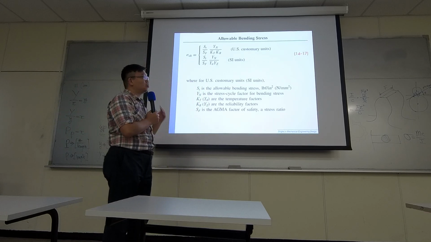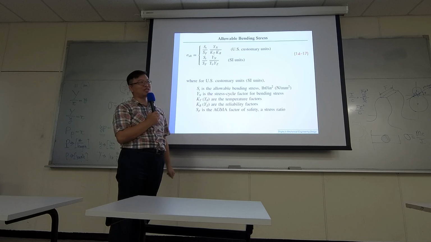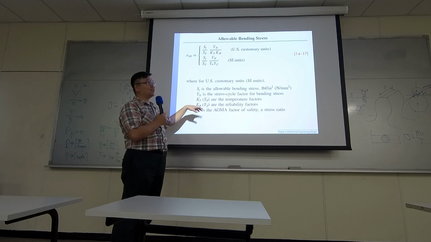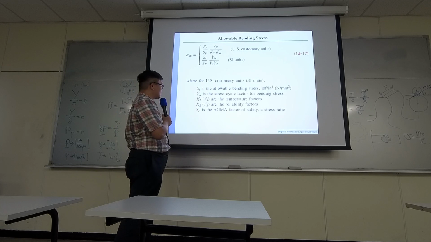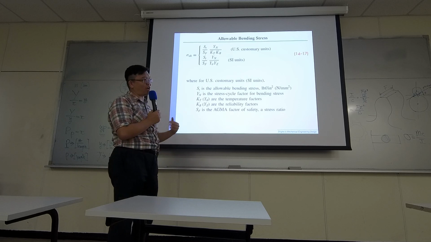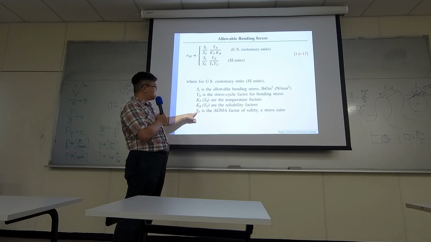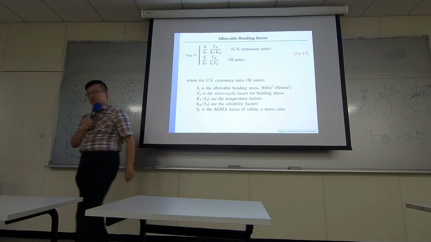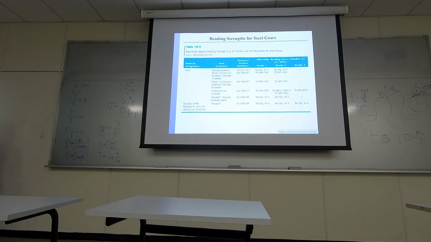If you want your gear to be 99% safe, that means you need to have a very strong gear, or you have to carry smaller loads. Safety factor, basically SF right here. Okay?